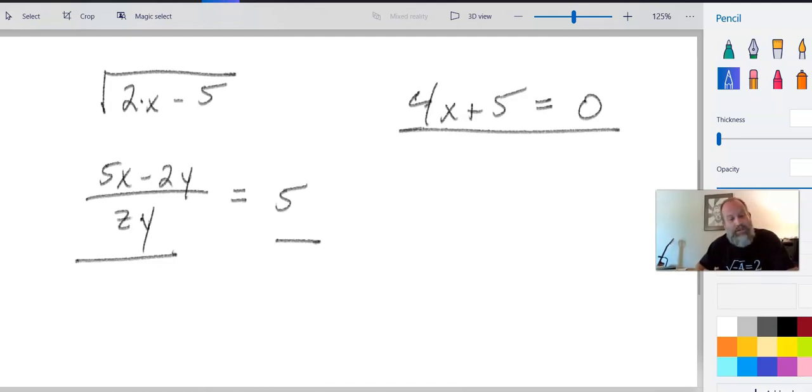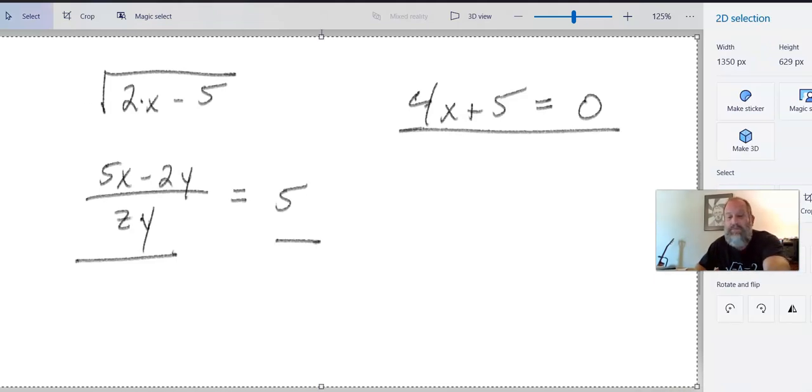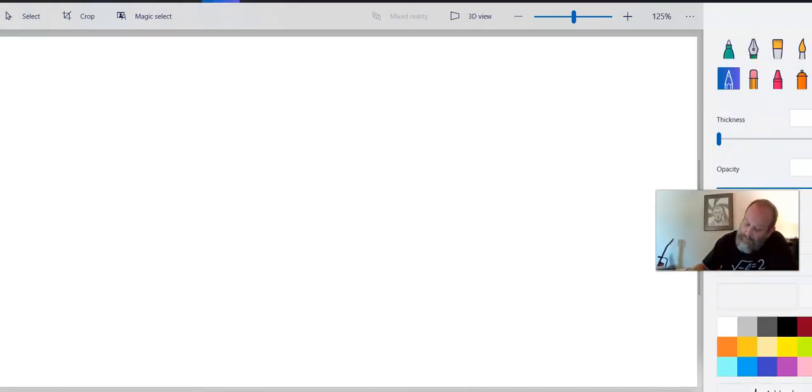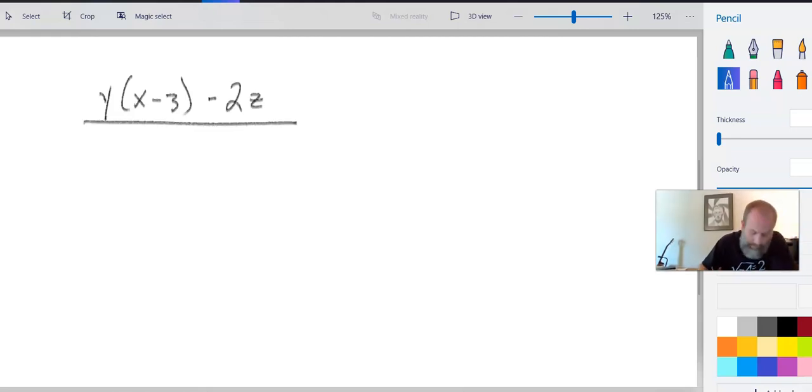Let's go ahead and clear this off here and we'll take a look at some of this stuff. If I have an expression, in fact, this will be the one example I actually do as far as evaluating expressions, and let's say I have z times z minus 4x.